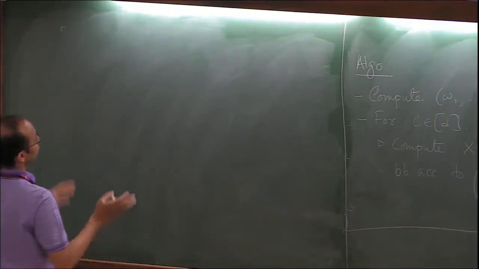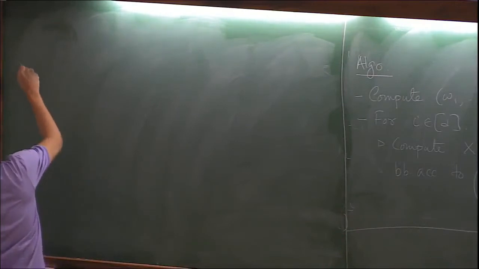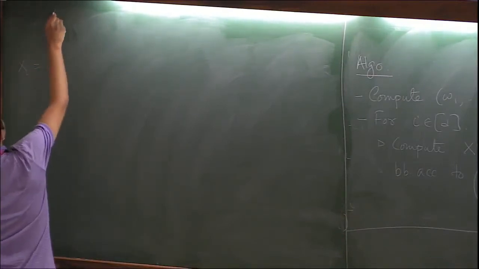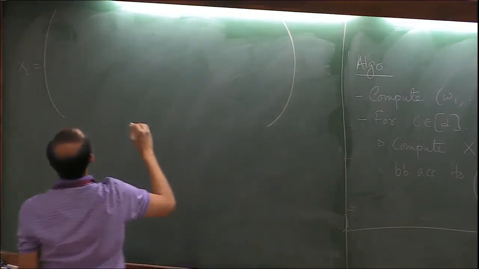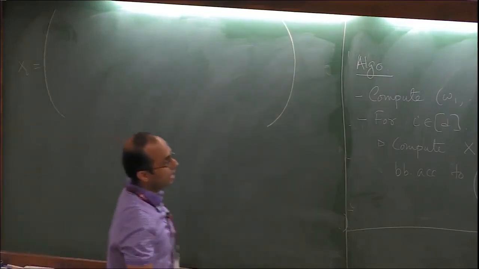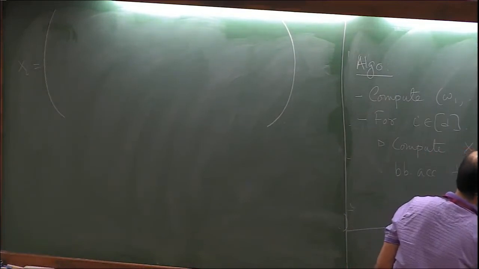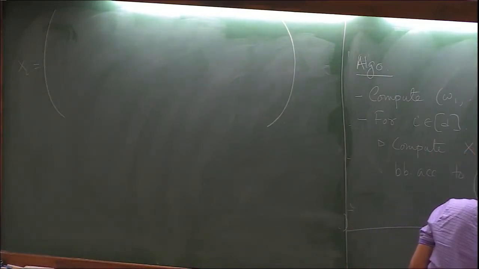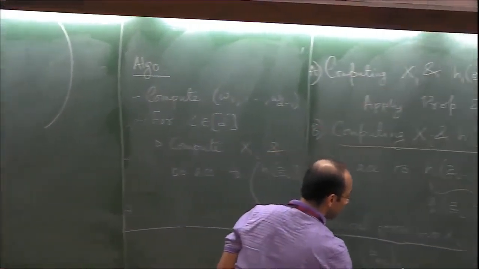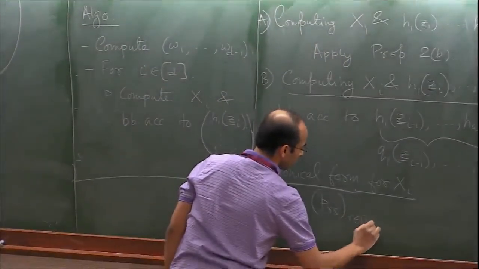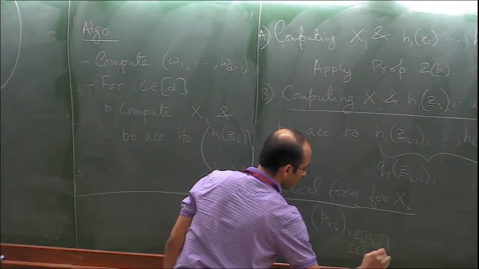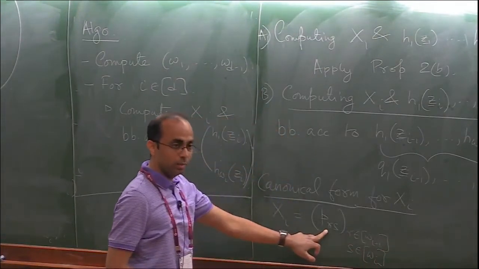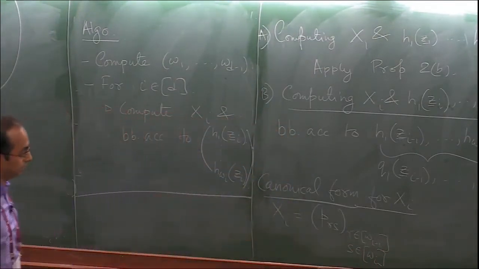So it's best to see what kind of matrix we are looking at. The claim is, let me write down the canonical form and I'll explain in a while, or you will see why we can assume this. So x_i is some matrix, let's say P R S, where R entries are univariate polynomials dependent only on the small x_i variable.